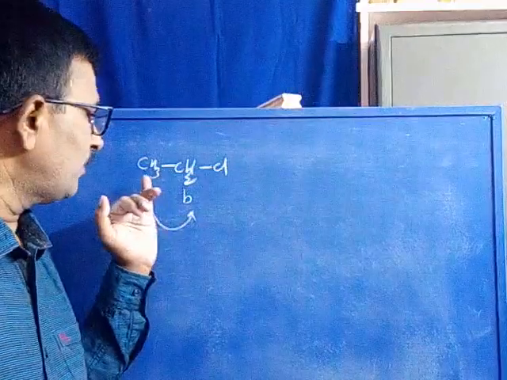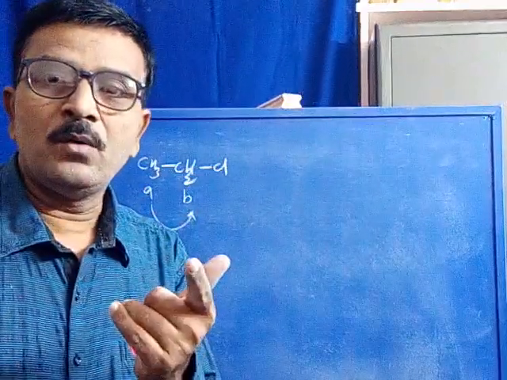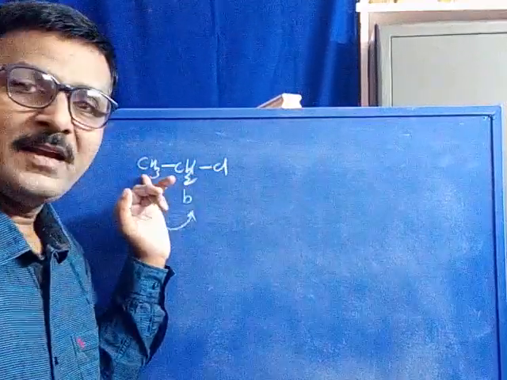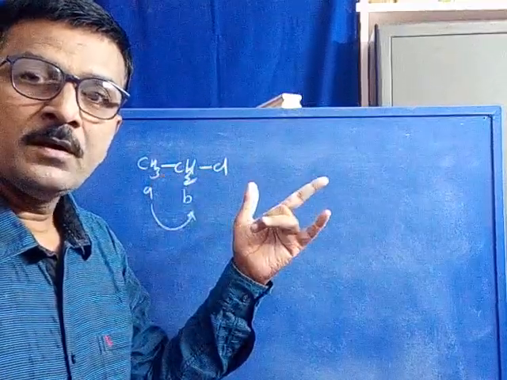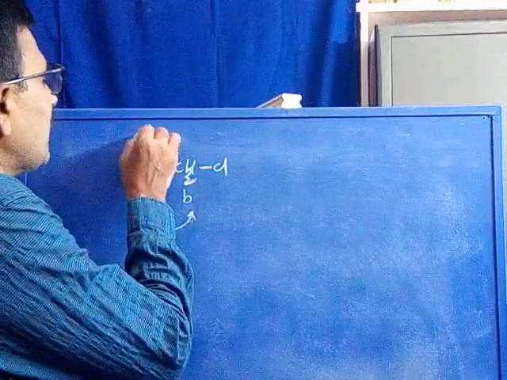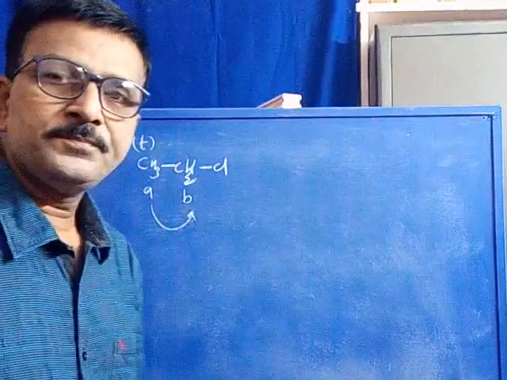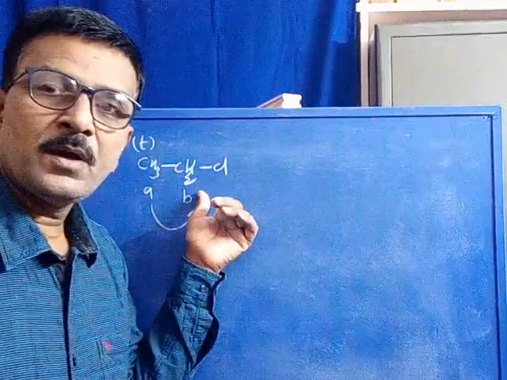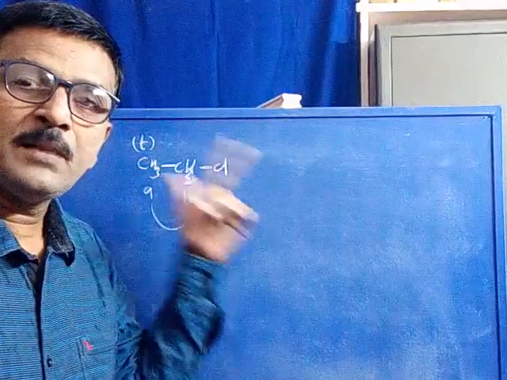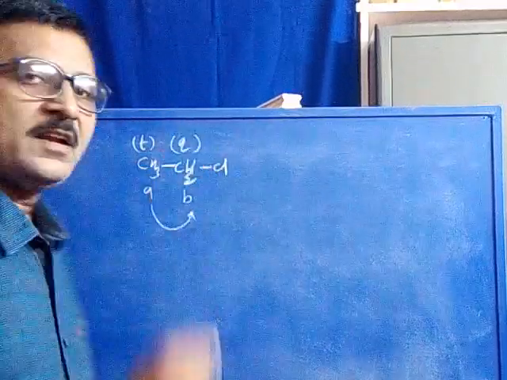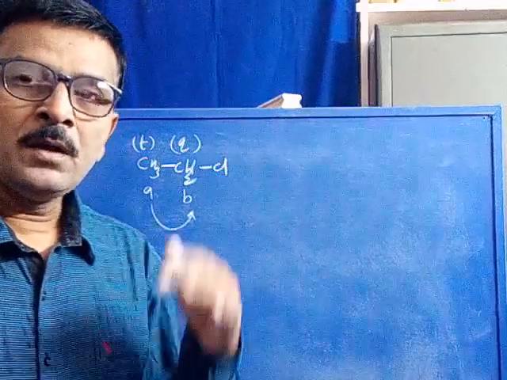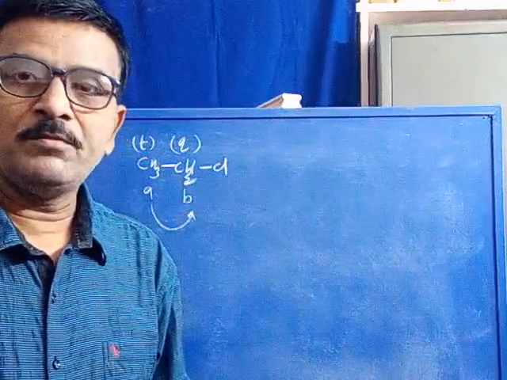Now, according to the n plus 1 rule, the A set of protons has two adjacent, 2 plus 1, so it is a triplet. Now the B proton has 3 adjacent, 3 plus 1, 4 lines, which means a quartet. There is a triplet for the A set of protons and a quartet for the B set of protons.